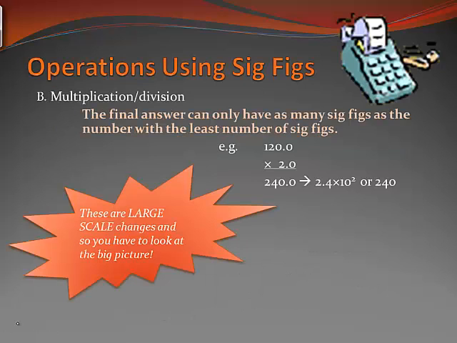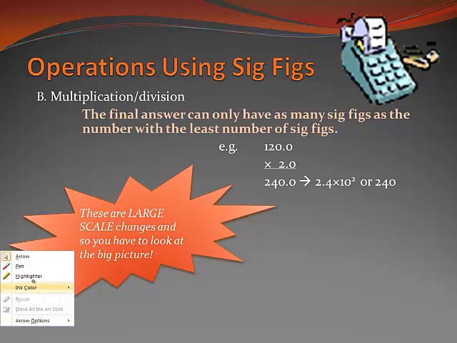So multiplication and division are large-scale changes. So I have to look here at the big picture, at the sig figs. And my final answer can only have as many sig figs as the number with the least sig figs.